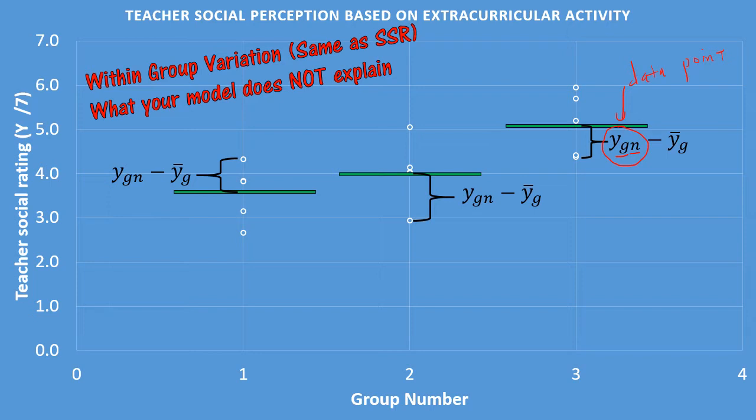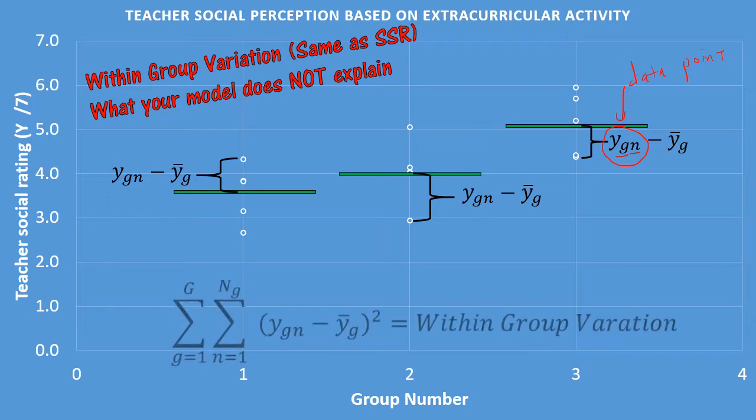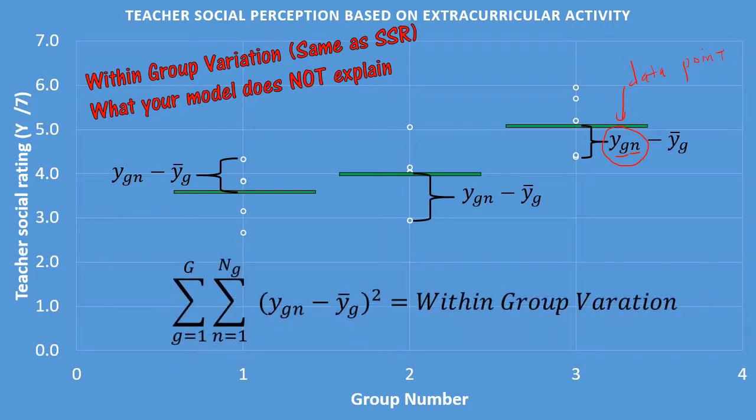are left over. So if I were to write this out to get the variation in total form in a strict mathematical sense, we would have this. So again, you'll see the same, it's deviation squared like we normally have, and we go from n equal 1 to n sub g, which is just the number of elements in each group. Now I have a second sum here because you don't just do it for one group, you do it for all 3.